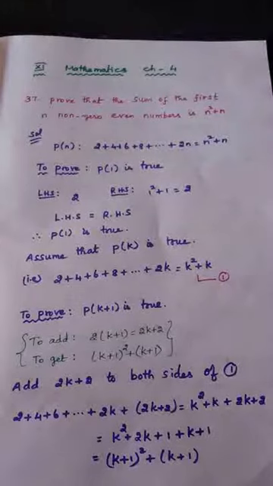By assuming the result is true for n equal to k, in step 3 we will try to prove the result is true for n equal to k plus 1. If we are able to prove the result is true for n equal to k plus 1, then we will say that the statement we assumed becomes a formula.